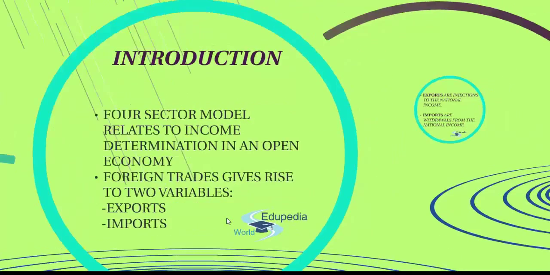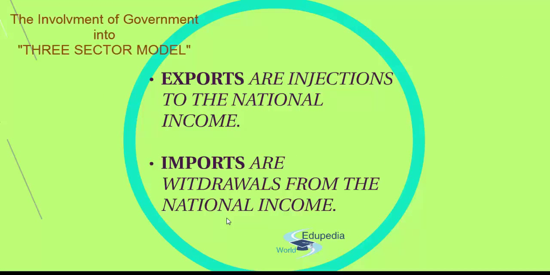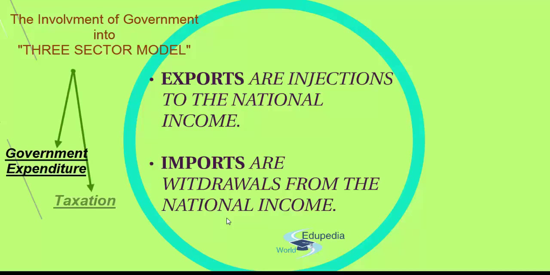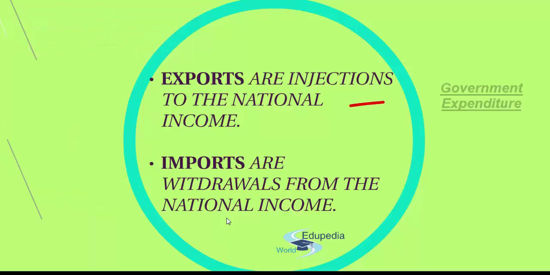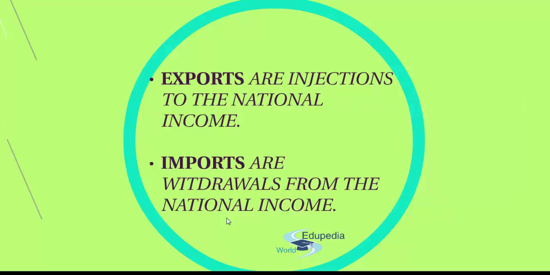Now if we revise the three-sector model, when we include the effect of government, it gives rise to two components, that is government expenditure and taxation. While government expenditure was injections into the income stream of the economy, the taxation effect was that it was withdrawals from the income stream of the economy.